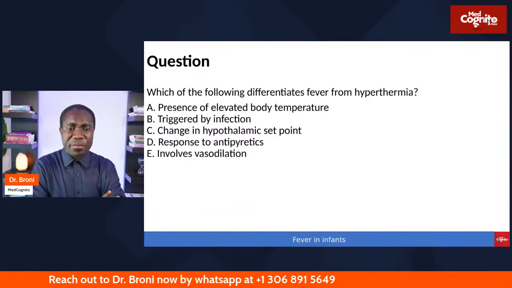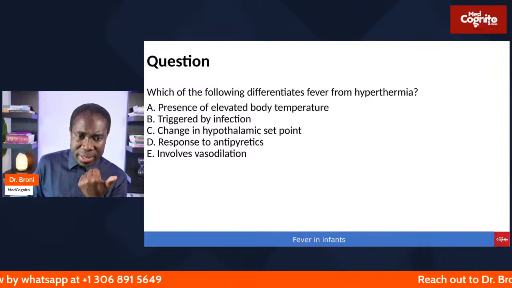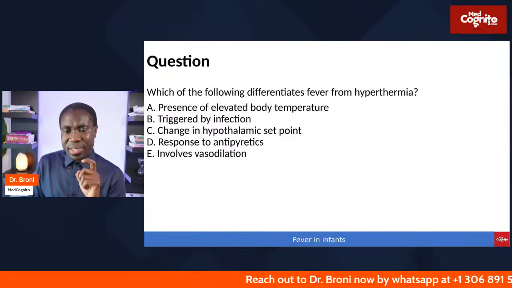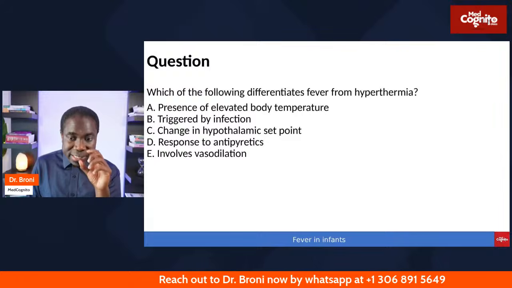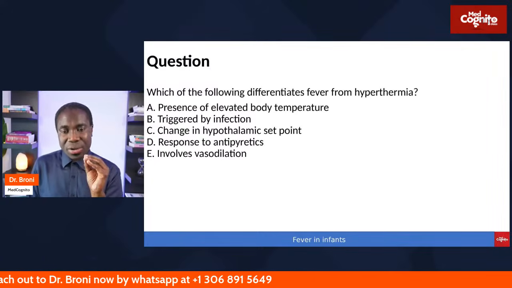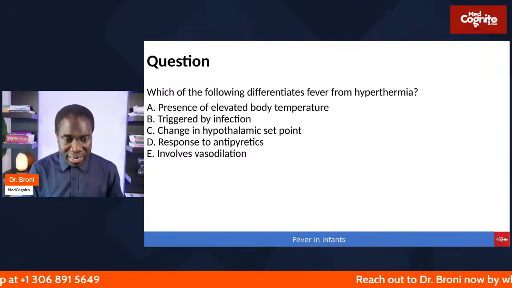Okay, so which of the following differentiates fever from hypothermia? A, the presence of elevated body temperature. B, triggered by infection. C, change in hypothalamic set point. D, response to antipyretics. And E, involves vasodilation.